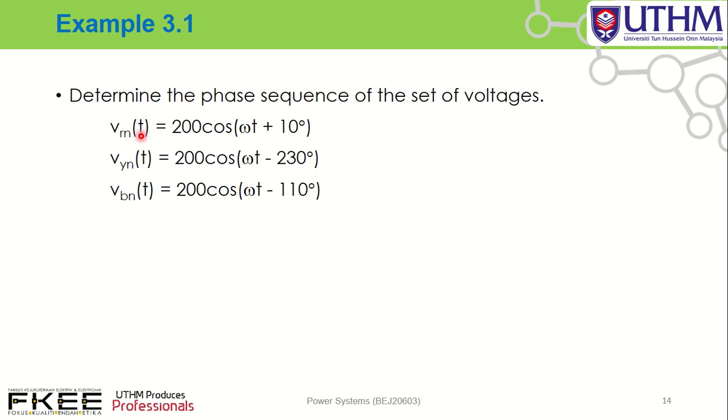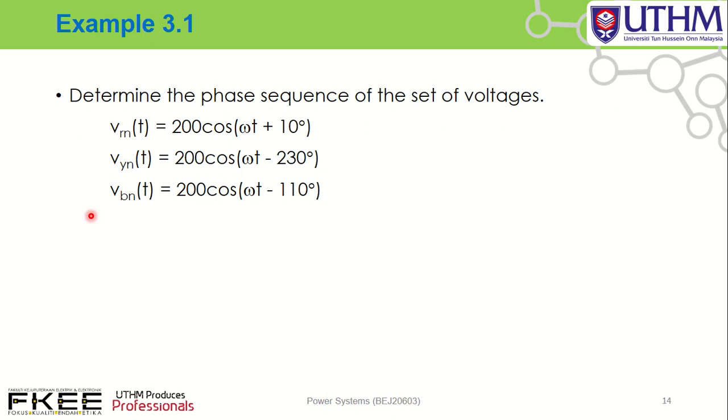We have VRN equals 200 cos omega t plus 10 degree, VYN 200 cos omega t minus 230 degree, VBN 200 cos omega t minus 110 degree. So how to determine this one? Should it be RBY or RYB?